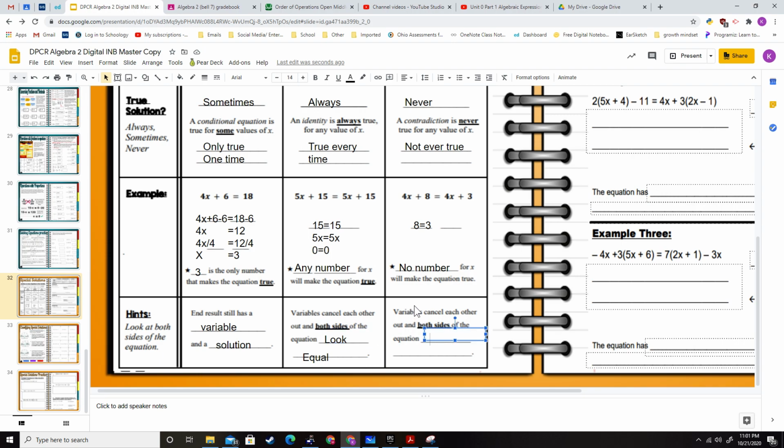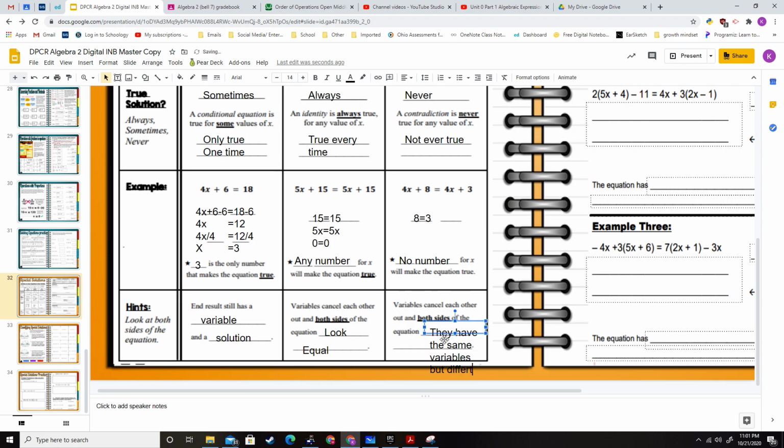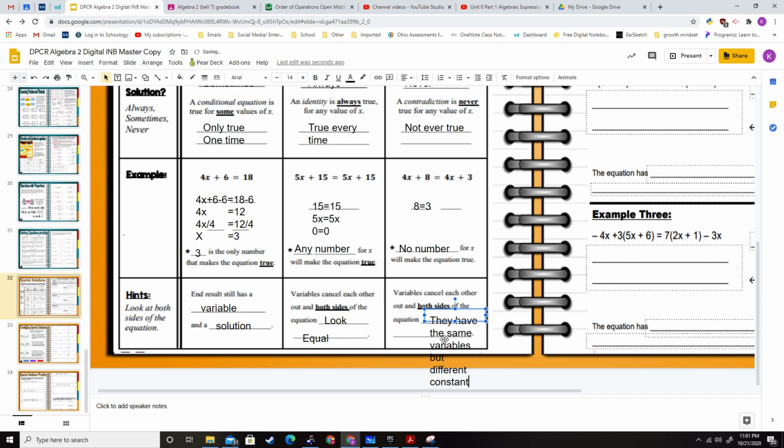Now over here, variables cancel out on both sides of the equation. And this lets you know that they don't look equal all the way. I would want you to know that they have the same variables, but different constants.